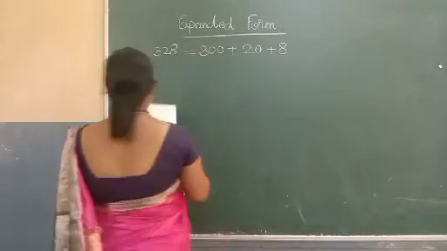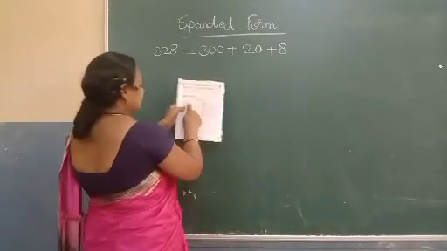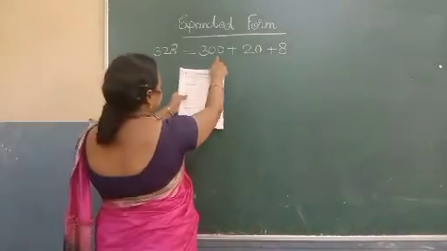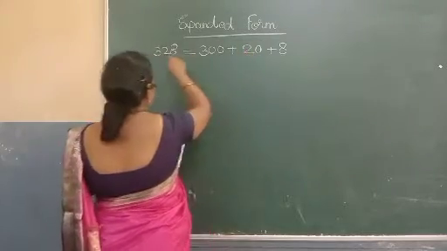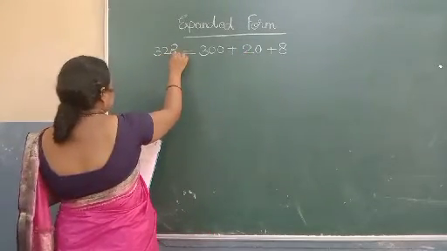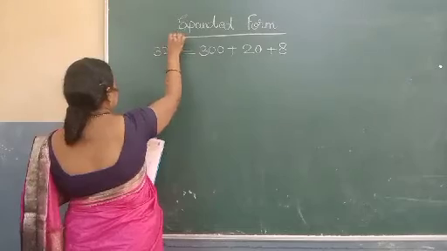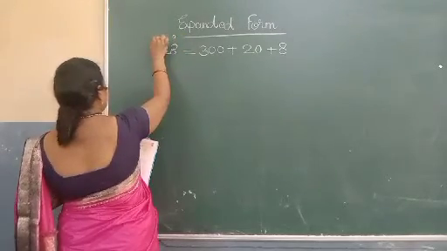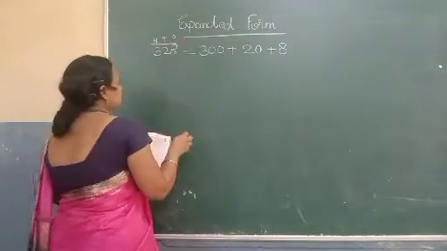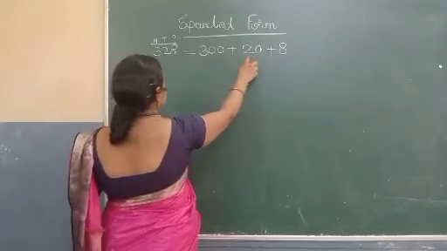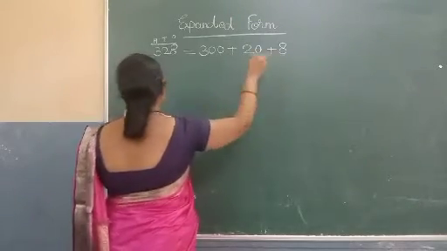See and write in your book. Here are given boxes. You can write here 3 hundreds, 2 tens and 8 ones, because this one is ones, tens and hundreds. So write here 3 hundreds, 2 tens and 8 ones.